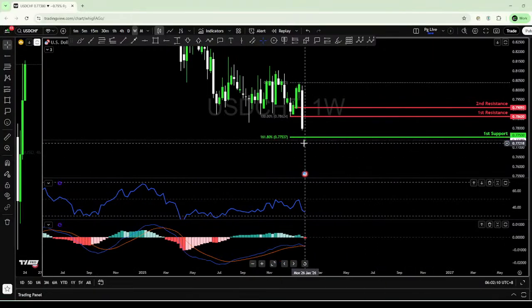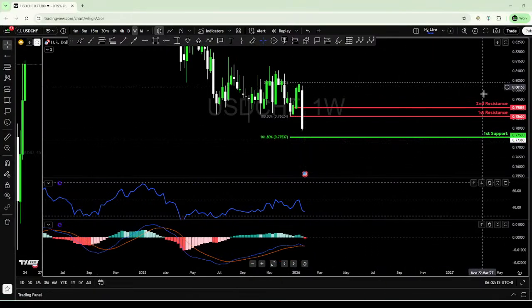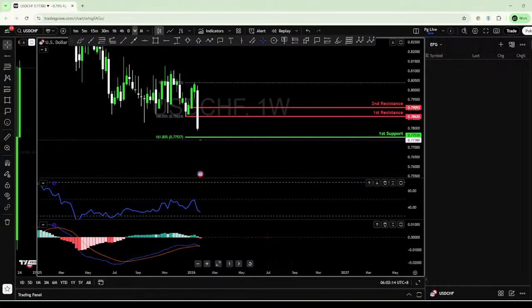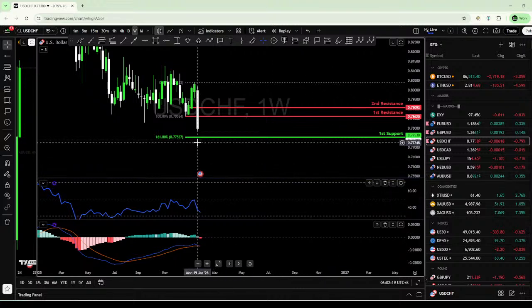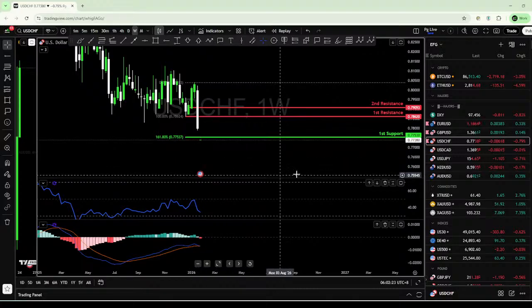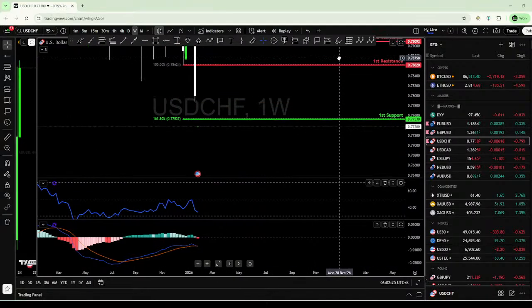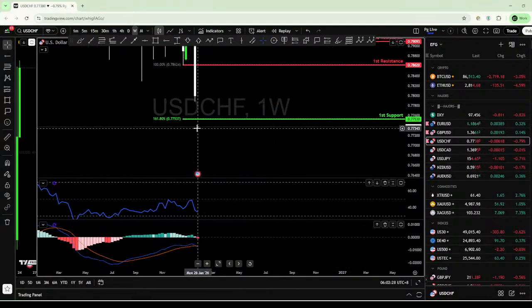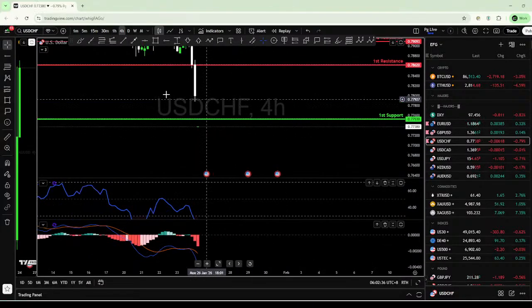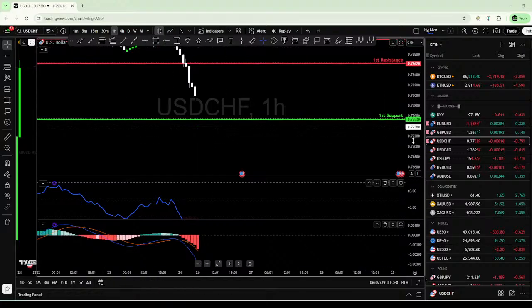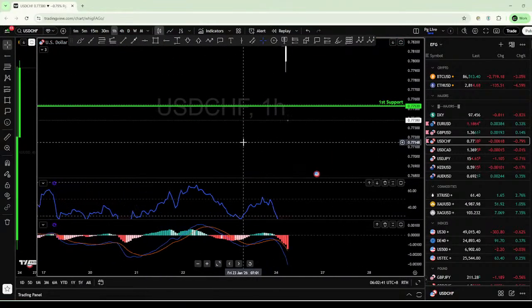Oh, it's a gap down. It's market open. Oh, market open. Is this a gap? Where is it? Oh, it's a gap down. Really, guys? Is market open already? It's here. Oh, okay.